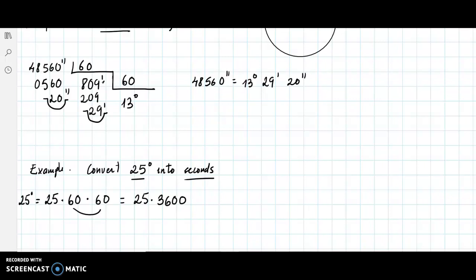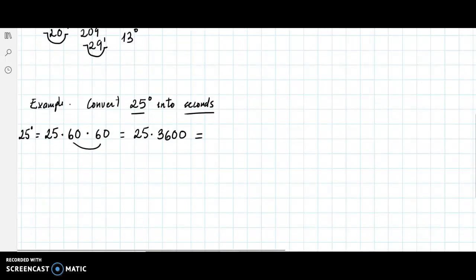So I'm going to write at the beginning 25 degrees. We have to multiply by 3,600. So let's multiply.